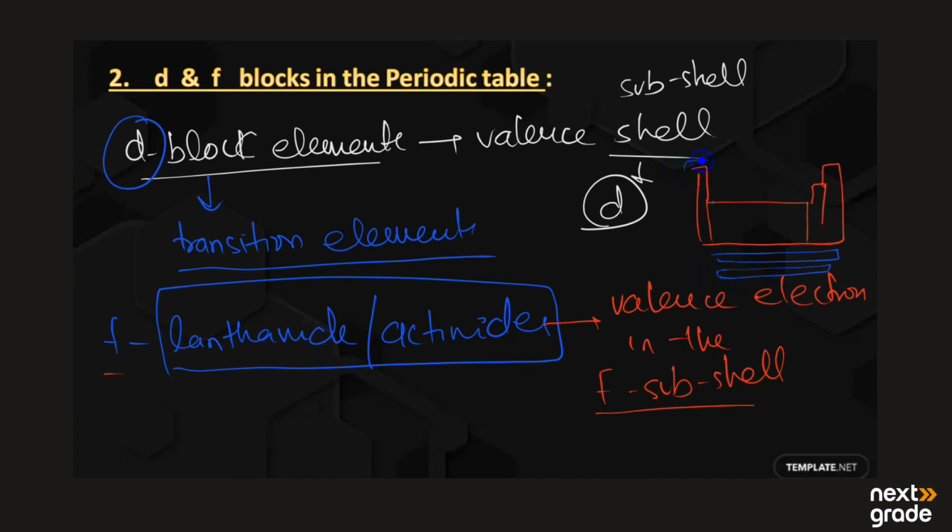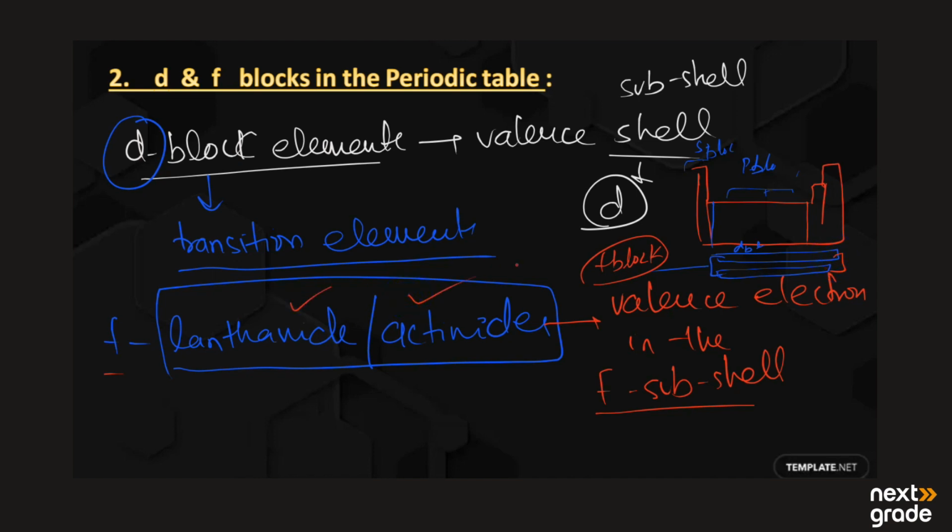These two groups are known as S block elements, and in the center we have the P blocks. From there, here we have the D block, and these are known as the F block elements, the lanthanides and the actinides.